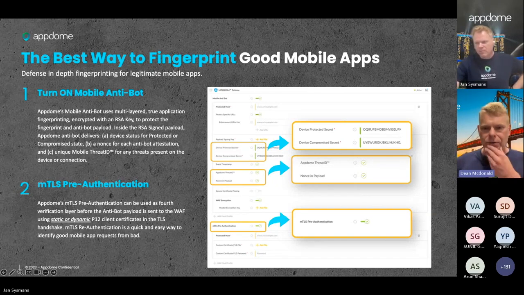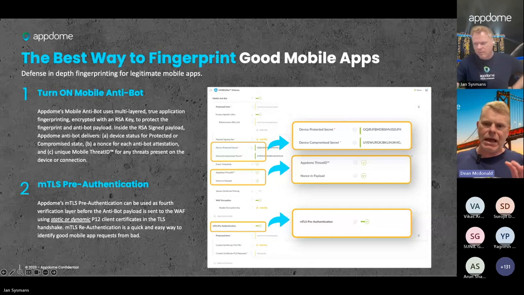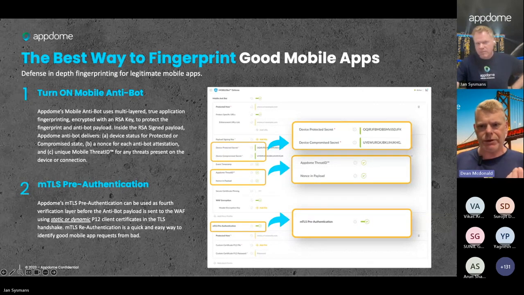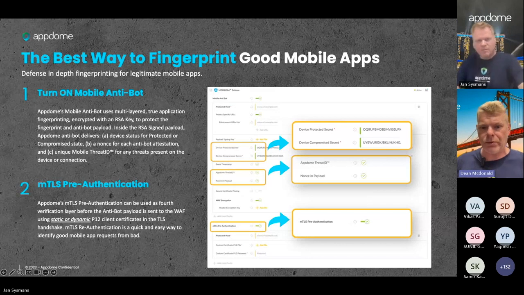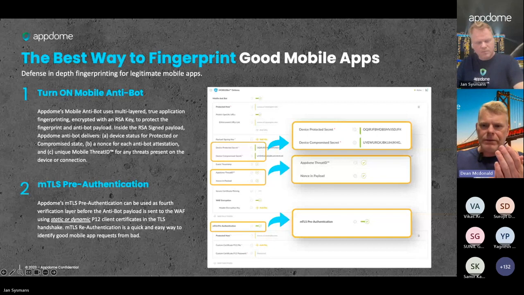But what we've got here are two important points. Firstly, everything in Appdome in the portal is really a toggle switch. It's that simple. So every protection that you want to enable, including mobile bot defense or anti-bot, is a toggle. You start up by simply switching the toggle on, and that will enable the protections. Furthermore, what's highlighted here on the screen, we've highlighted some certain areas, and there's a blue arrow. It's not just about including telemetry that is negative or bad. We actually include positive information as well.